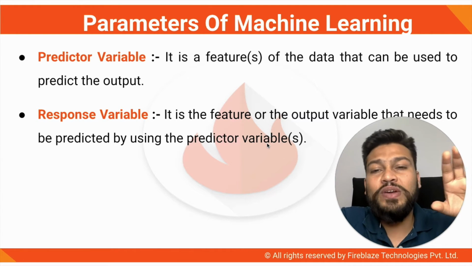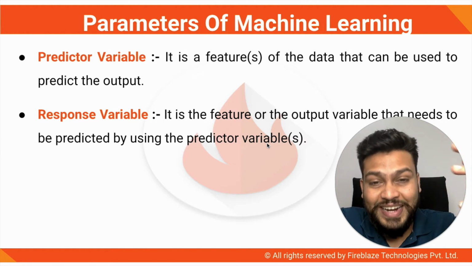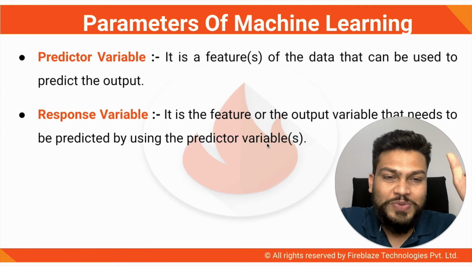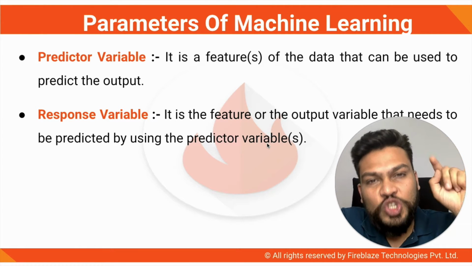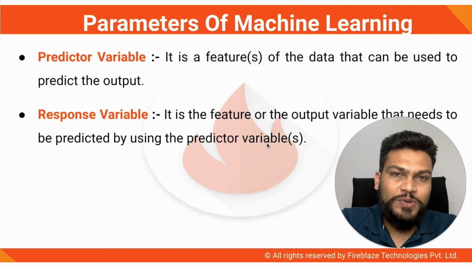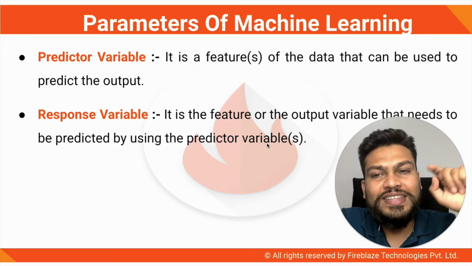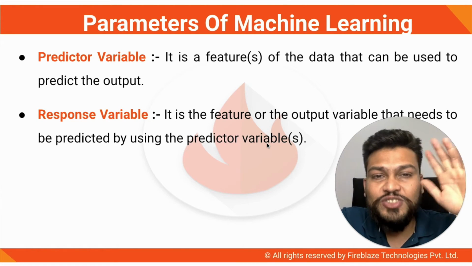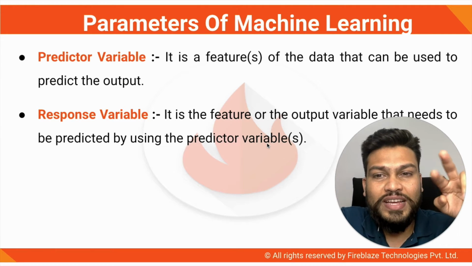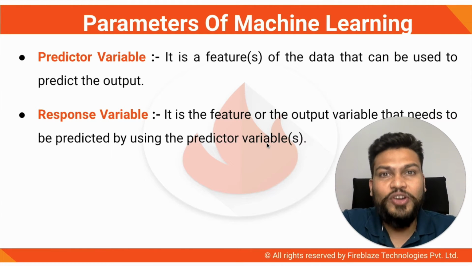So I guess everyone can assume or recognize what a response variable is. The response variable is something which you basically want to predict. So the amount of salary to be given, that is your response variable. And what it is predicted from, that is your predictor variable. Okay, so the response variable in general terms is also referred to as a target variable or a target column.